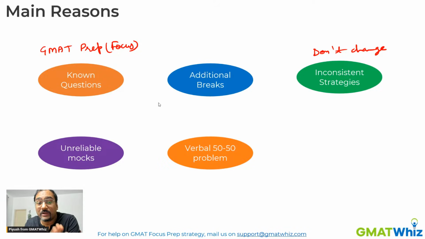Now, what a lot of people don't understand in this 50-50 verbal problem, or last two choices problem, is they look at the mock result. They see that they got 5 questions wrong, out of which 4 were because of the last two choices. But what they don't look at is that these are the ones you got wrong.